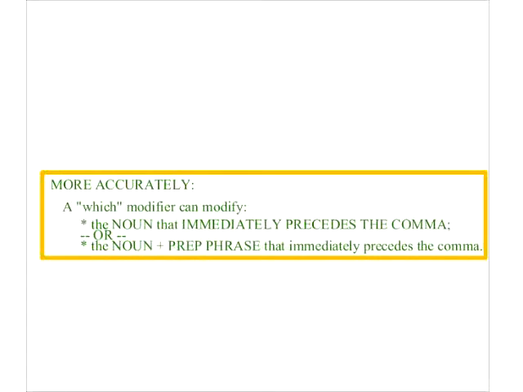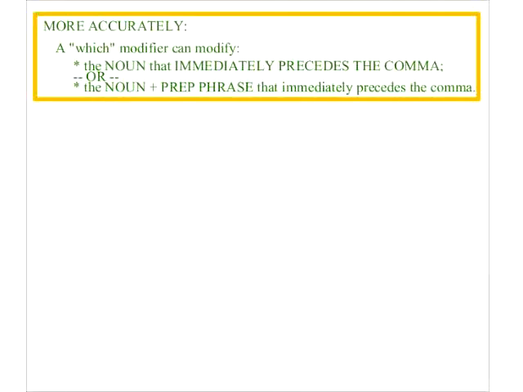So again, here's the box from the previous page. Which can either modify the preceding noun or it can modify the preceding noun plus prep phrase. And the new point that we're going to make on this slide is that you're going to have to use context to figure out which of these is the case. So let me just give you two examples.